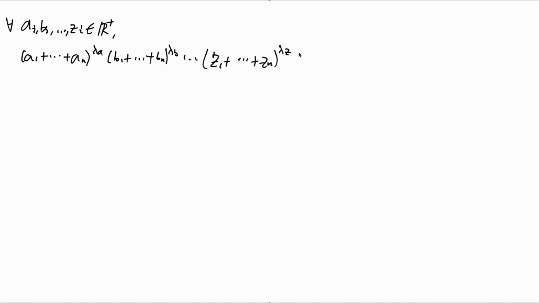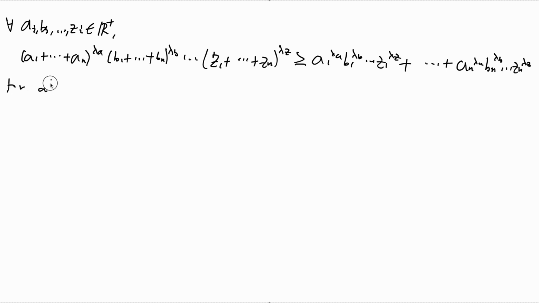This is always greater than or equal to a sub 1 to the lambda a, b sub 1 to the lambda b, through z sub 1 to the lambda z, plus dot dot dot plus a sub n to the lambda a, b sub n to the lambda b, dot dot dot z sub n to the lambda z.